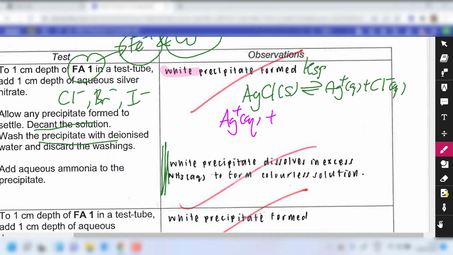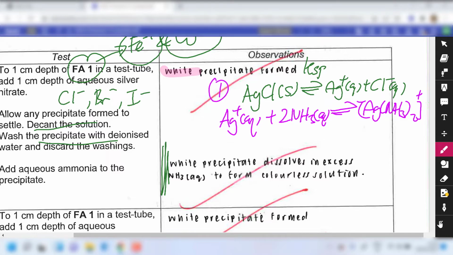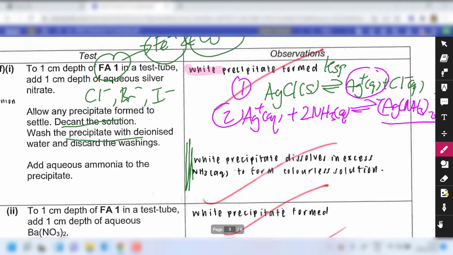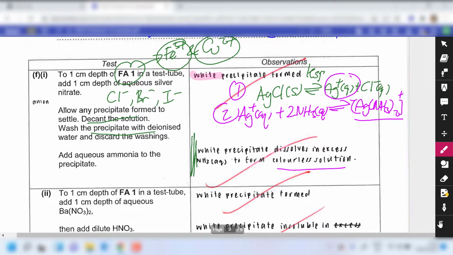So silver plus 2 equivalents of molecular ammonia will give us a very stable complex known as the diamminesilver plus complex. The formation of this complex will drive the position of equilibrium 1 to the right, because it leads to the consumption of aqueous Ag plus. So because of that, silver chloride will dissolve, and what we are getting is a colorless solution because the diamminesilver plus complex is a colorless complex. So you should be observing white PPT dissolving in excess to give us a colorless solution.